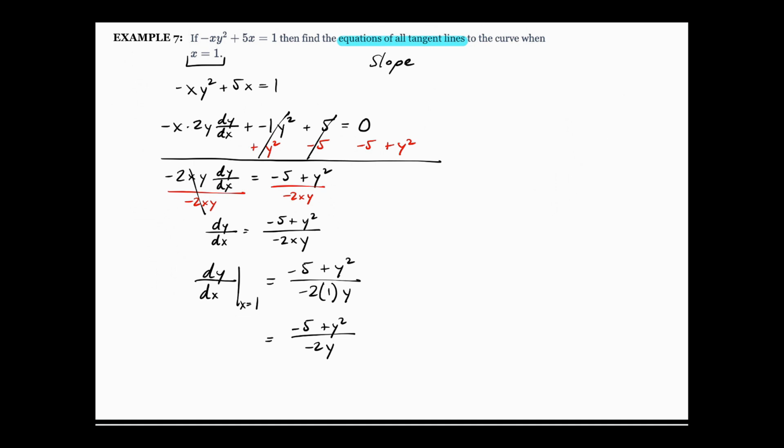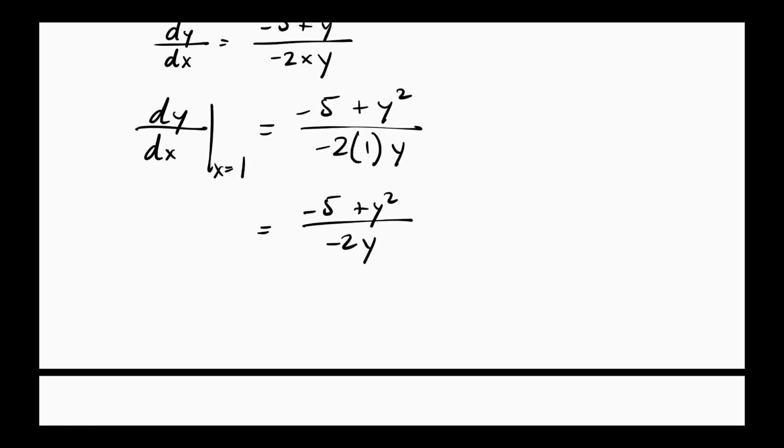Well, in your past notes, we plugged in x and I got a number, right? The derivative is whatever, and then you plug in x and then you get a number, and that's the slope. How come here I didn't get a number?